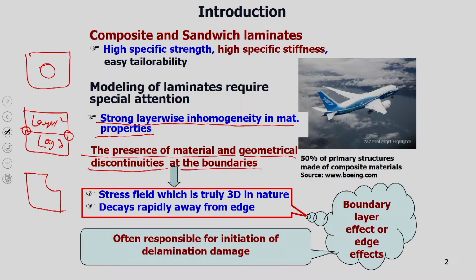Generally the solutions will have stress singularities where there are cutouts or discontinuities, and for such cases two-dimensional theories cannot predict the solutions accurately. They may give the solution in this interior zone, the hatched zone, but near the discontinuities they cannot capture the real effect.